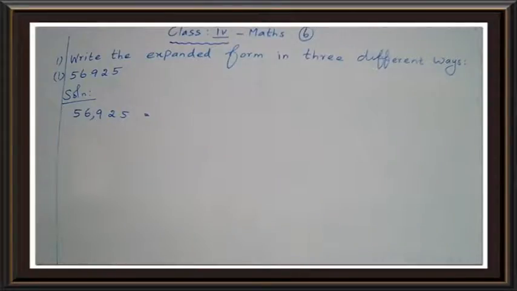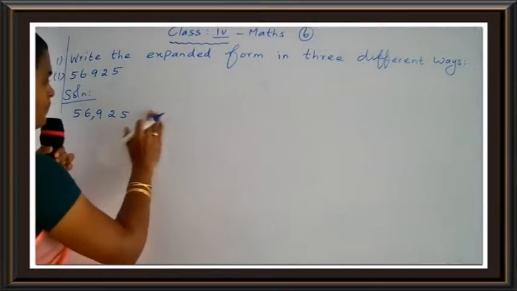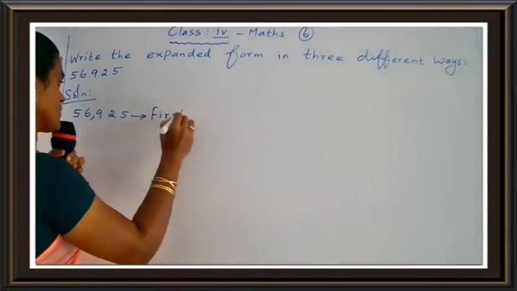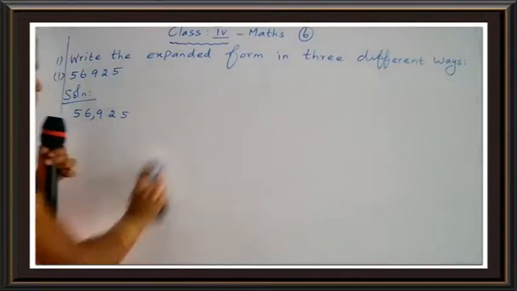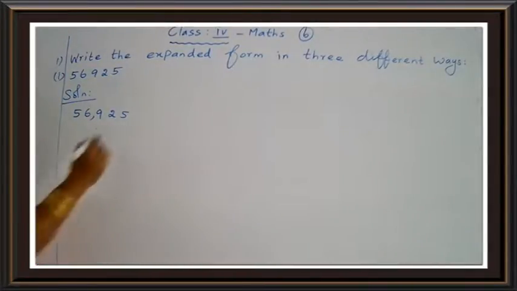So first form, you write first form. What is the first form? Otherwise we put equal sign, that's no problem. It is in words form. First of all, you write in words.